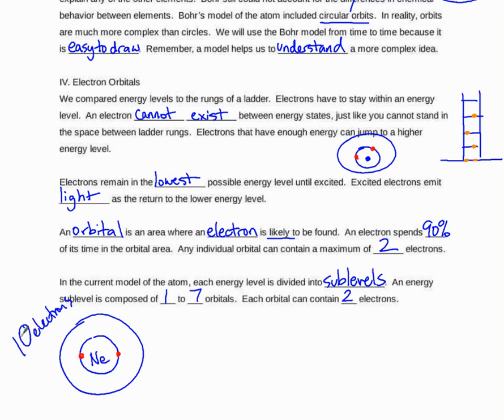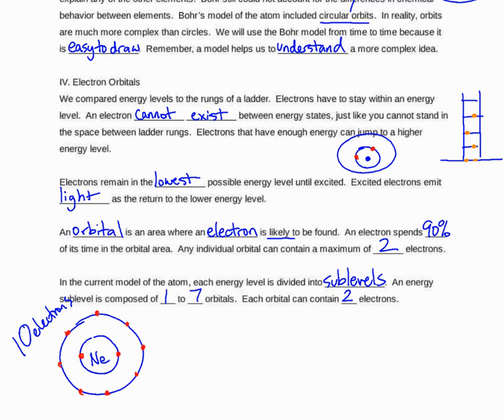Okay, let's try this again. So here's 2, 4, 5, 6, 7, 8. This is how you might represent neon with 10 electrons in the Bohr model of the atom.